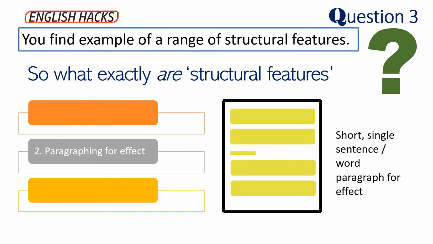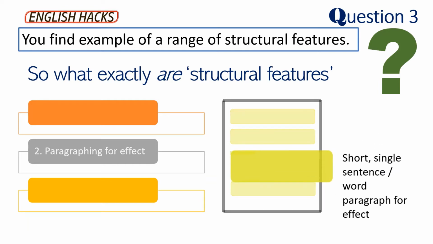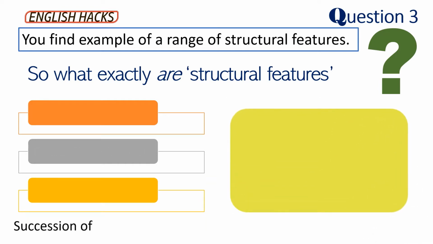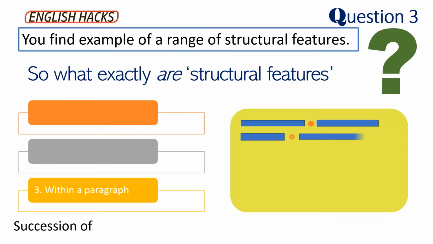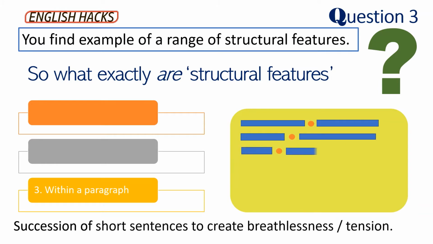Another thing you can look out for is a short single sentence or single word paragraph which is used to create an effect on the reader. And finally, you can write about how sentences work together within paragraphs. So, a series of short, blunt sentences can create breathlessness or tension, whereas longer sentences create a sense of reflection.